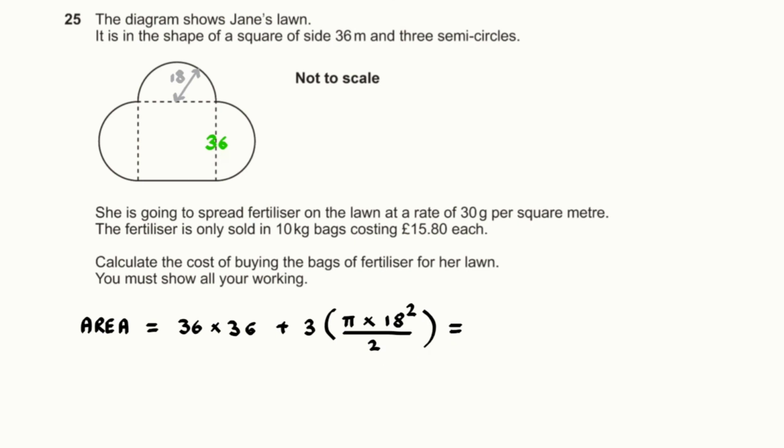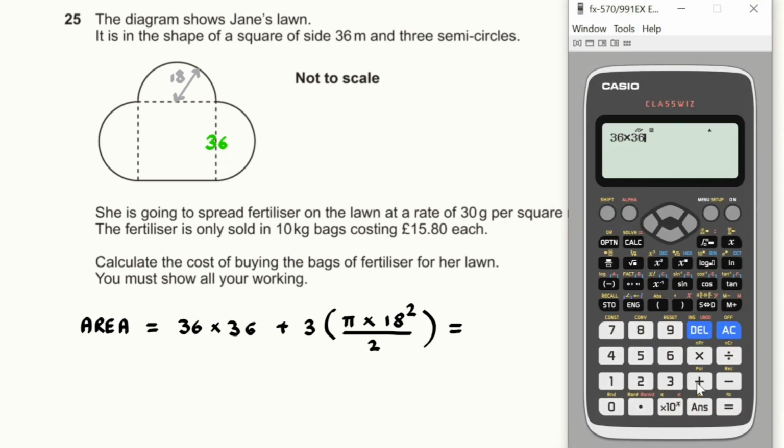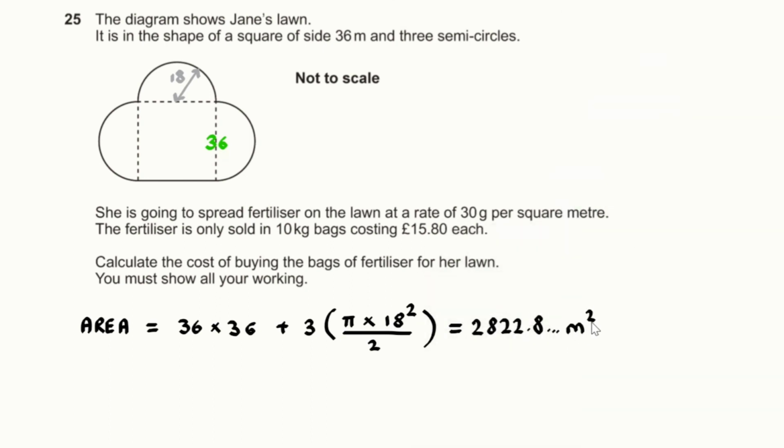So if I work out the area, it turns out that the area is equal to 2822.8 etc. meters squared. And she's going to spread fertilizer on the lawn at a rate of 30 grams per square meter.